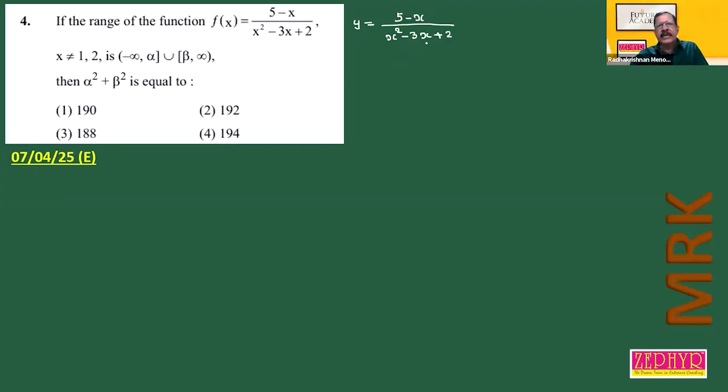So for that you have to cross multiply. Therefore, y into (x squared minus 3x plus 2) equal to 5 minus x.